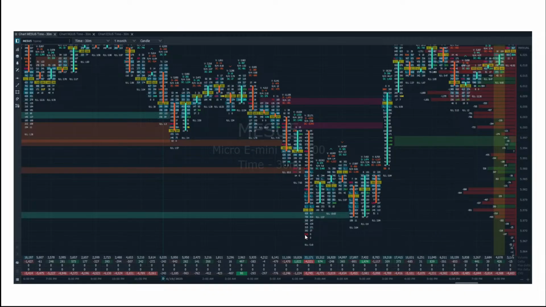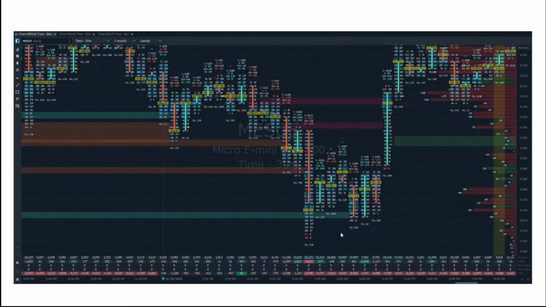And actually, I should send a message to Quantower about this. They should fix this to where if we have a double stacked imbalance, even though the percentages are different, it should still print a box going across. But this is one we would have to put on our chart manually.